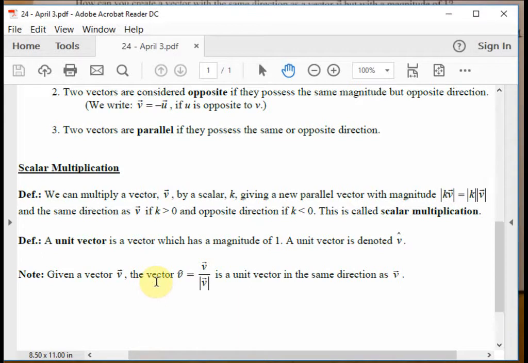Okay, that scalar multiplication just gives a new vector, whose magnitude is going to be the absolute value of k times the magnitude of the original vector, and depending on whether k is positive or negative, it'll either be in the same direction or opposite direction. Okay, and lastly, we use scalar multiplication to create a vector with unit length 1 that's in the same direction as my original vector. Okay, that's it for this one here.